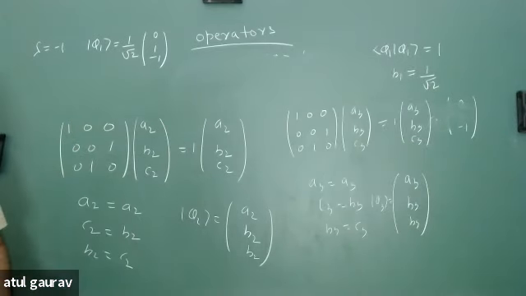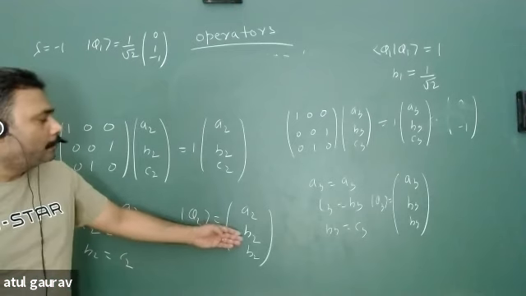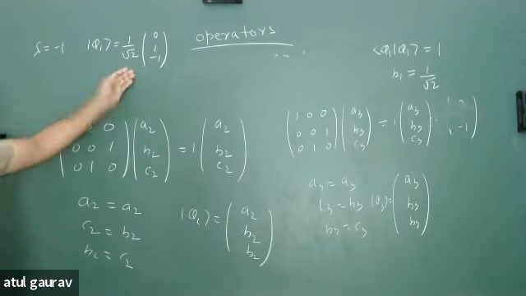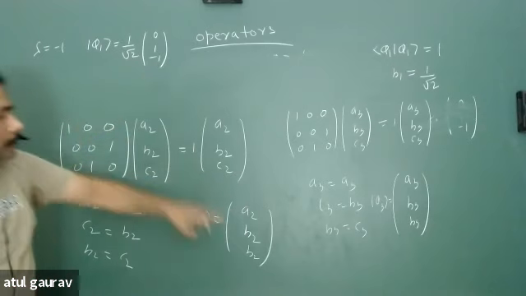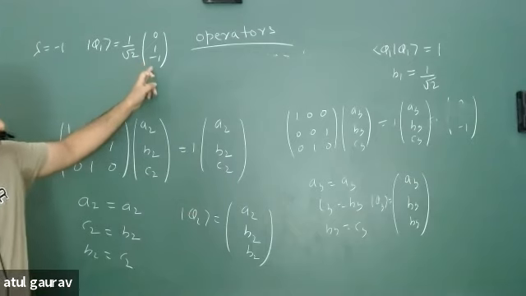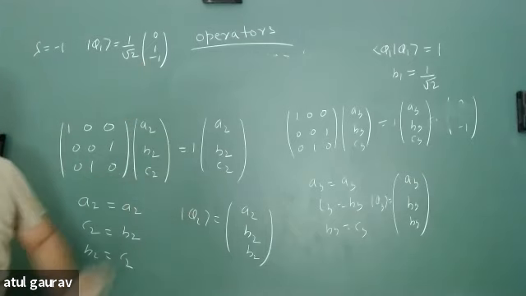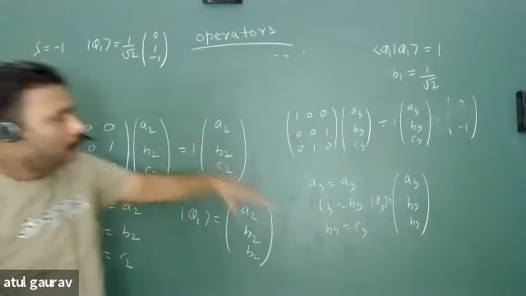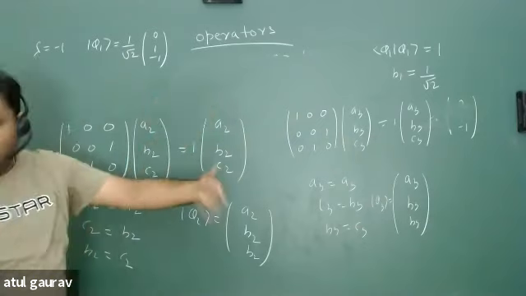If you take the scalar product of this vector with this, it will be 0: a2 into 0, b2 into 1 is b2, b2 into minus 1 is minus b2, and you add them, you get 0. And you can find phi 3 into phi 1 is also 0. The scalar product of phi 3 and phi 1 is 100% 0.